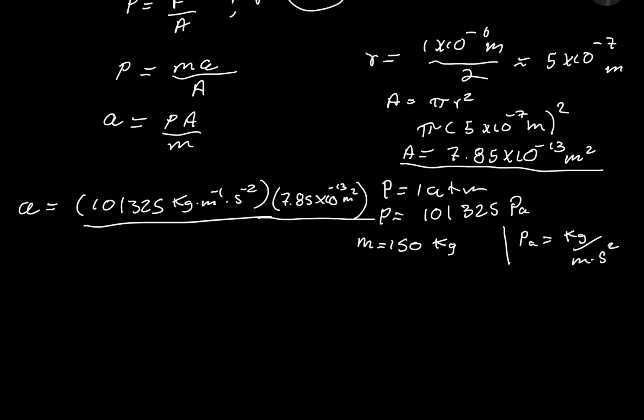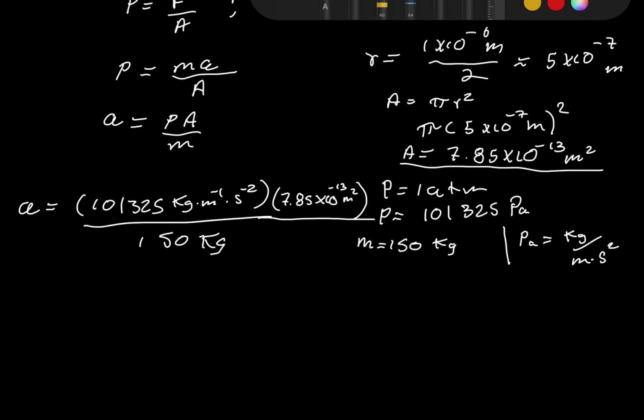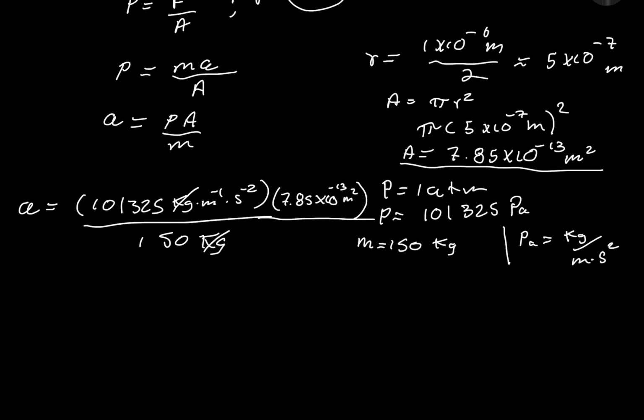This is over the mass, which is 150 kilograms. And we see that our units cancel out nicely. Your kilograms cancel with these kilograms, and the inverse meters cancel with one of these meters. So essentially we have units of meters per second squared, which is acceleration.